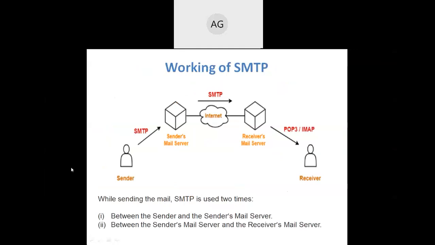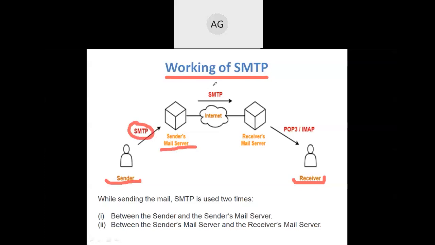Now the next subtopic is working of SMTP. So just remember this diagram. Here is the sender. A sender wants to send the email, and there is a receiver who receives the email. On the sender side, you can see that there is an SMTP protocol. This SMTP protocol is between the sender and the sender's mail server.